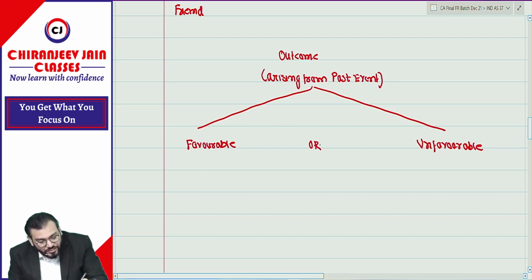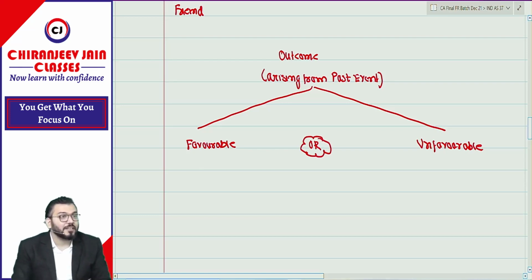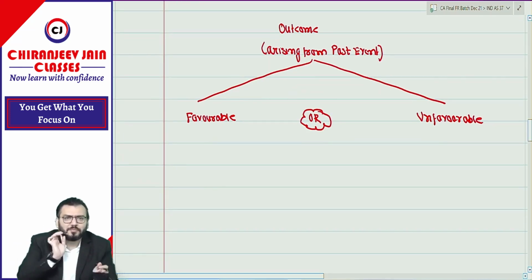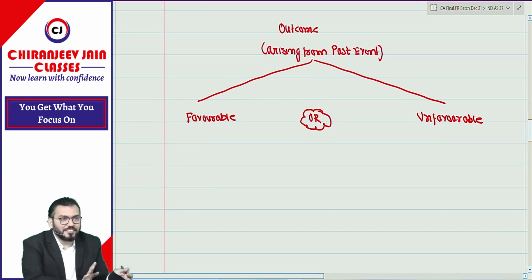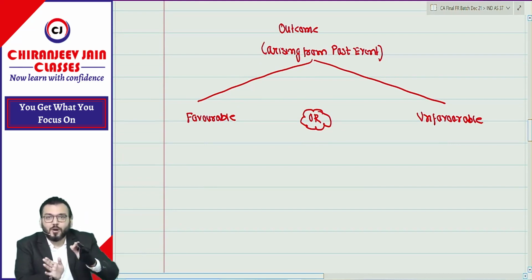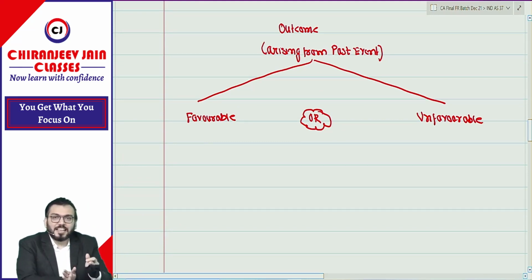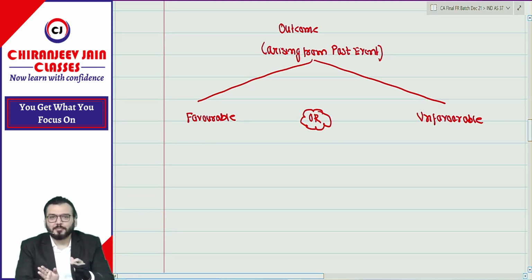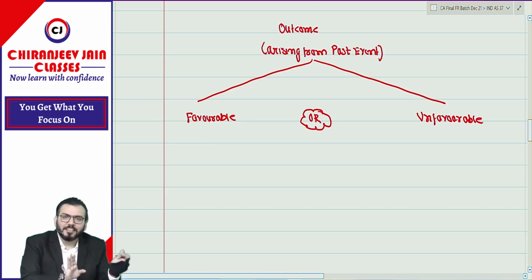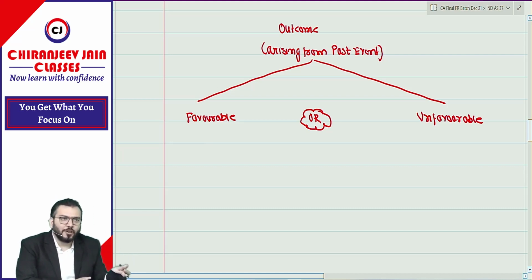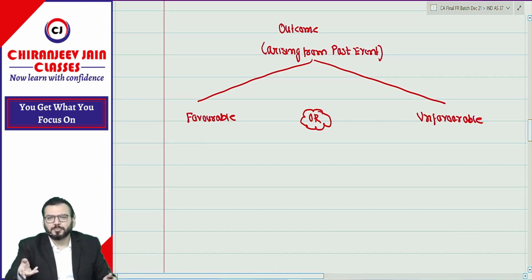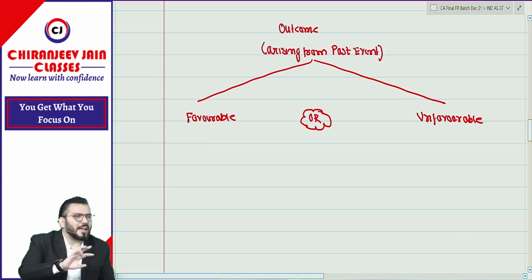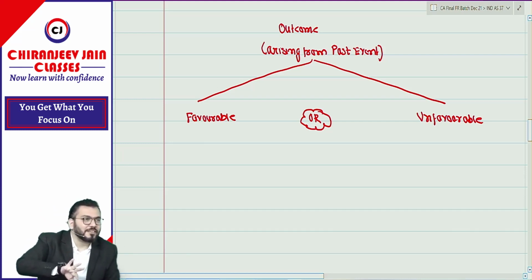Are you able to understand this point? Can I say when I am saying favorable, it means expected income again. When I am saying the outcome is favorable, it will be either expected income or gain. Income includes gain. Similarly, expense includes loss. But from your CPT days, they said expenses and losses. Therefore, I am also saying expenses and losses. But as per definition, income will include gain and expense will include loss.